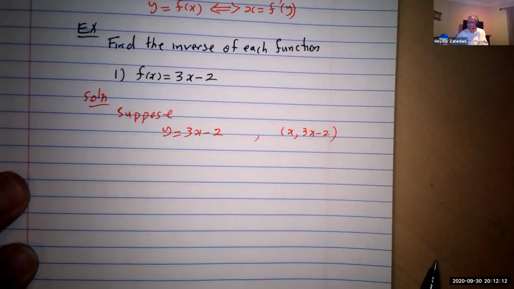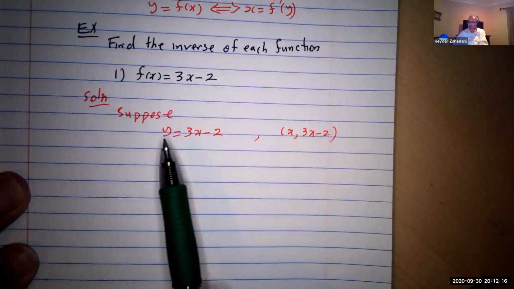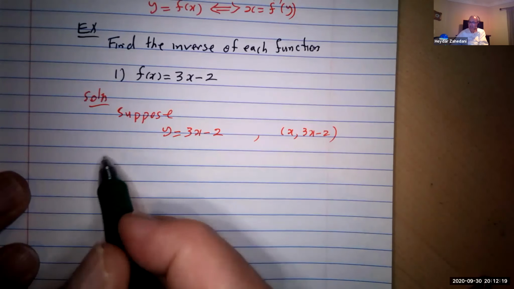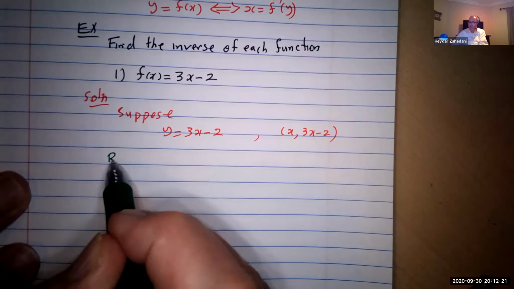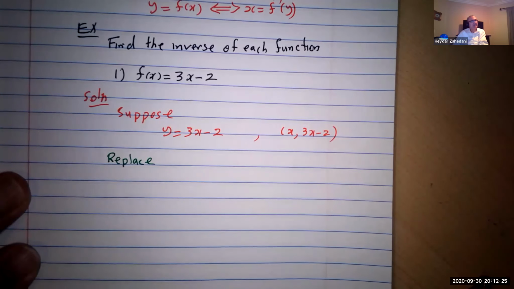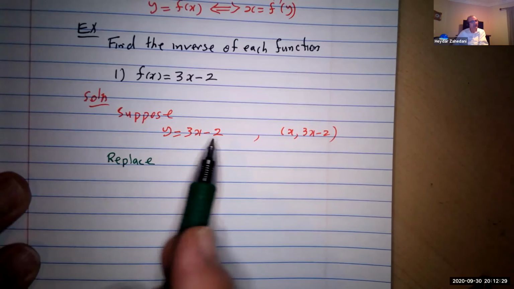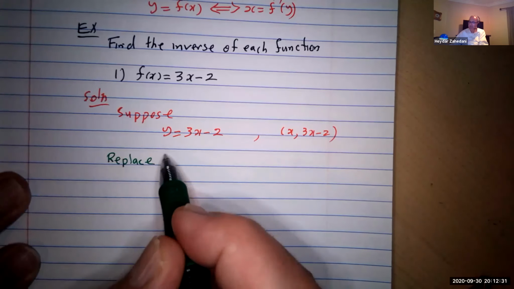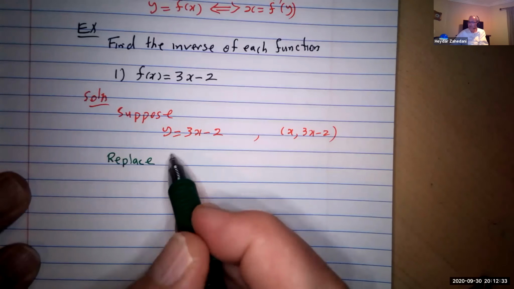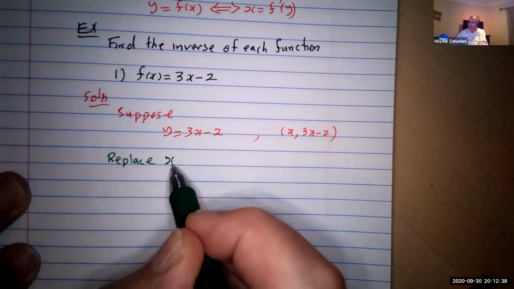I go with the method of your book. You are going to replace x and y. Replace y by x or x by y. This is it. Replace x and y.